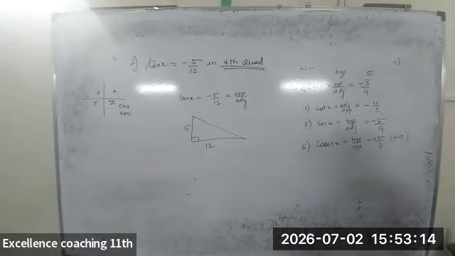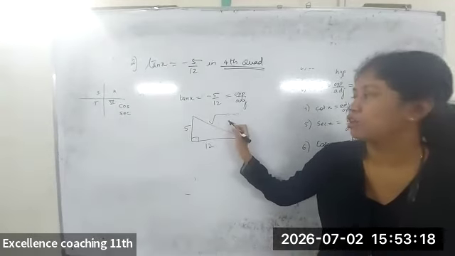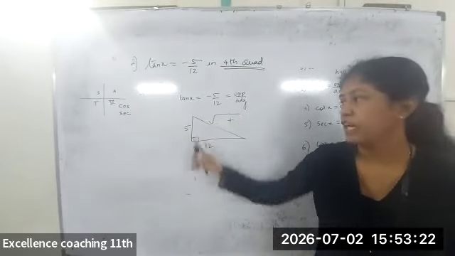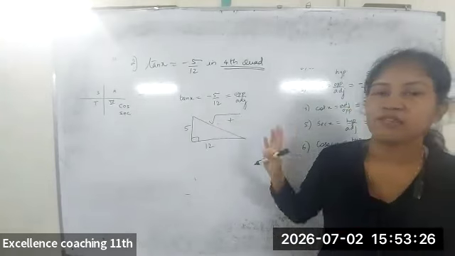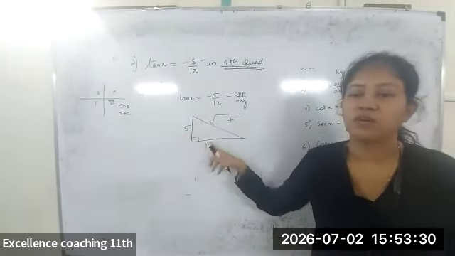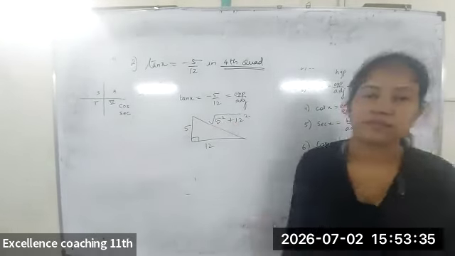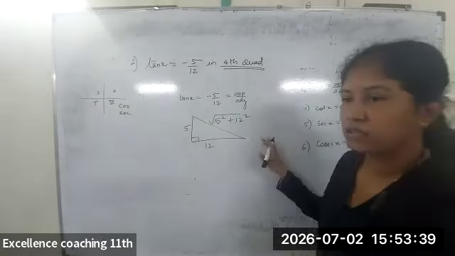The hypotenuse is the bigger side, so it always has a plus sign. Whenever we are finding the hypotenuse, it will always be plus. If we are finding the other two sides which are not the hypotenuse, then the sign will be minus. Clear? And now addition. Whether you write 5 first or 12 first doesn't matter. Just put it there. Now add and write. Got the answer?